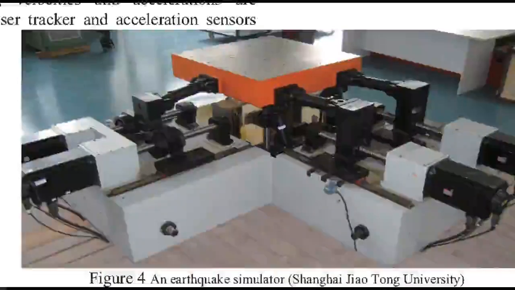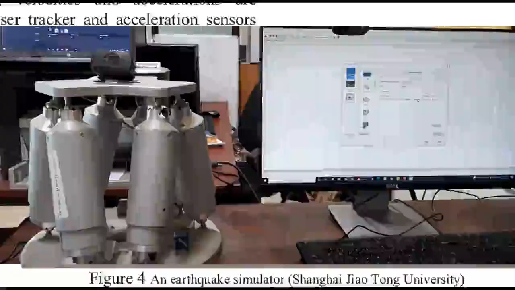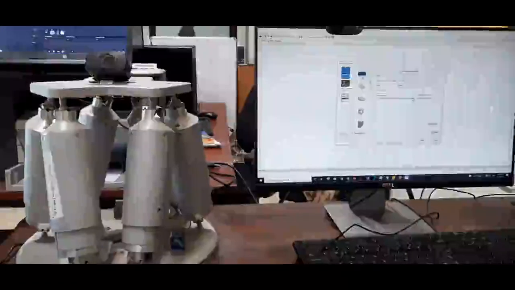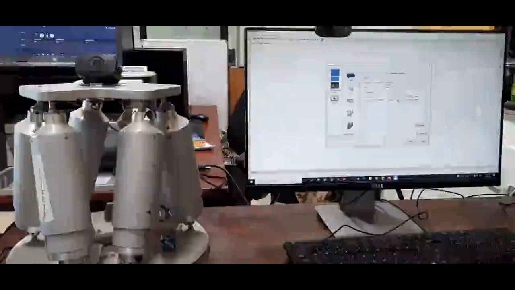Apart from that, in this user interface, some macros are also available. You can make your own macros in this user interface. Thank you very much. So students, this is a user interface of this hexapod parallel robot.